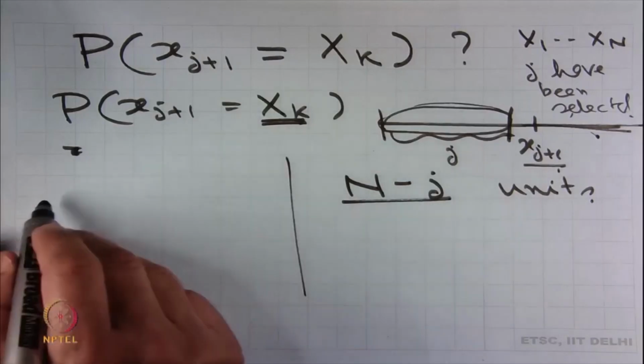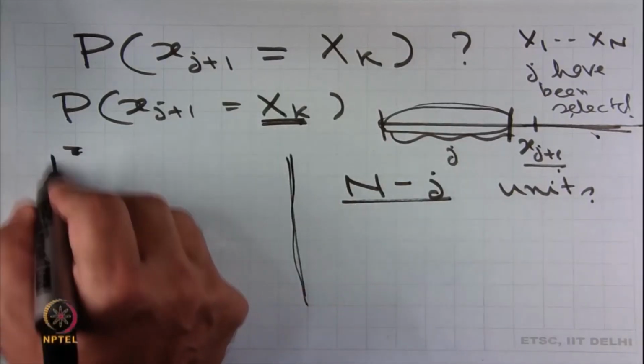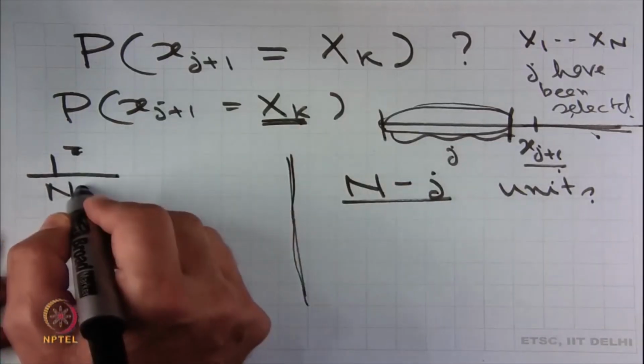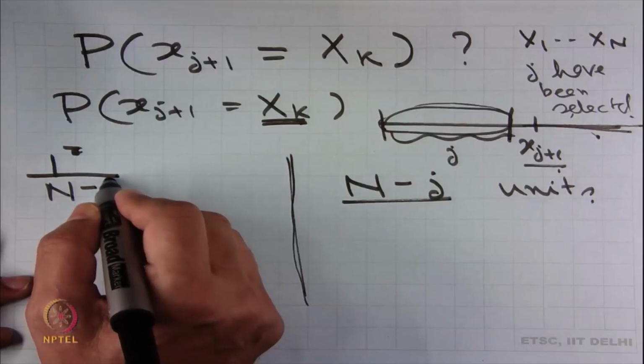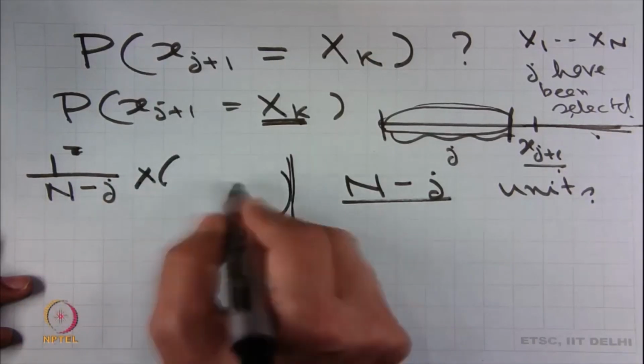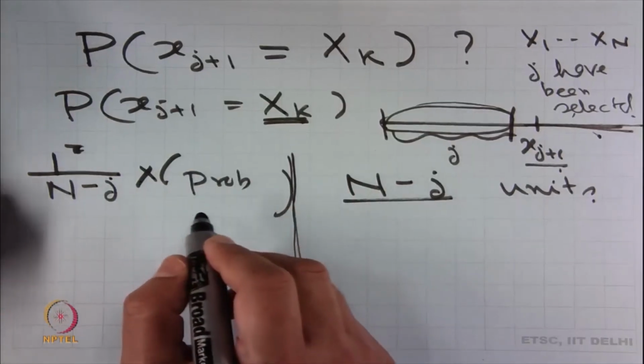So, that is of equal probability. Therefore, the probability of selecting x k as that one is 1 upon n minus j multiplied by the probability that it has not been chosen at all, right.